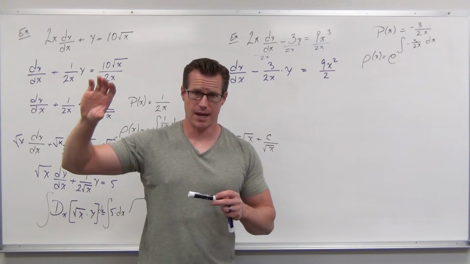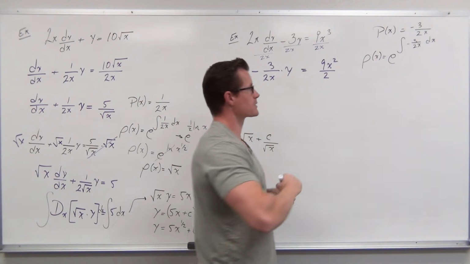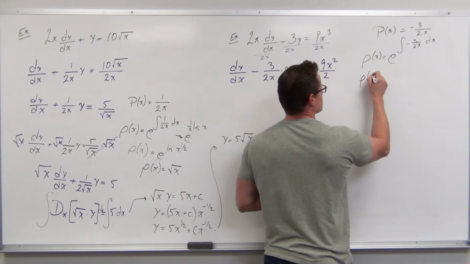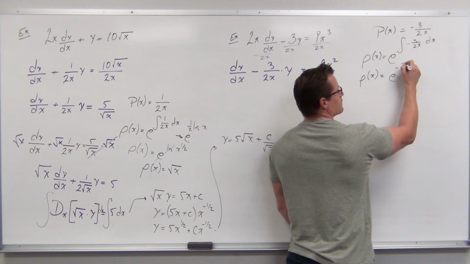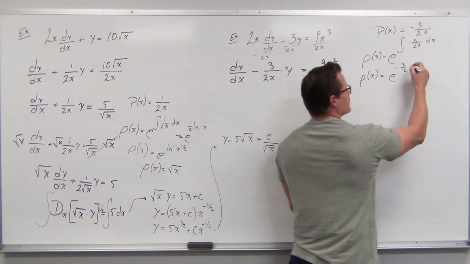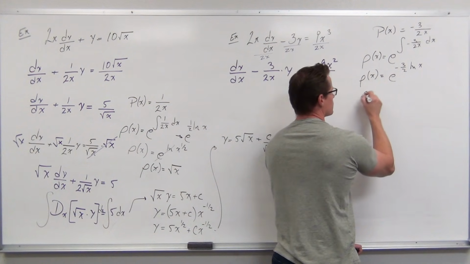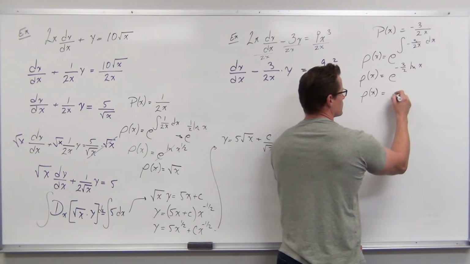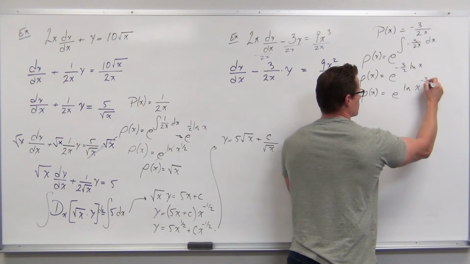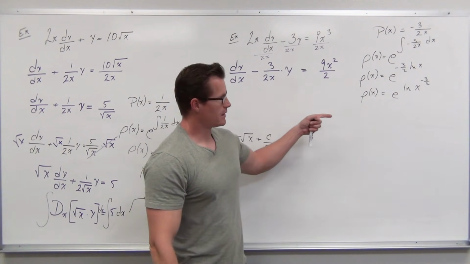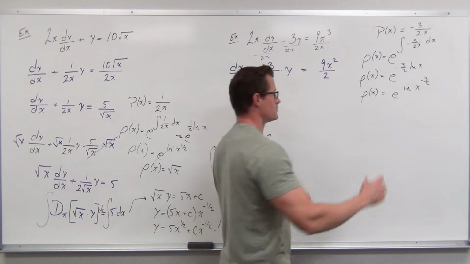So we'd have negative 3/2 out in front of the integral, then 1 over x. So that's ln x. So e to the negative 3/2, that's your constant you pull out, ln x. Cool, let's move that as an exponent. So we have e to the ln x to the negative 3/2 power. E and ln are gone.